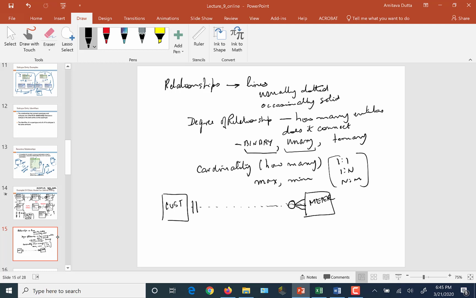We're talking about cardinalities here. The way to interpret these pictures is you look at the two outside symbols, the outer symbols, and you look at the inner symbols.